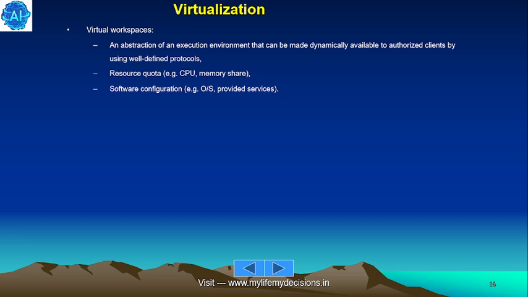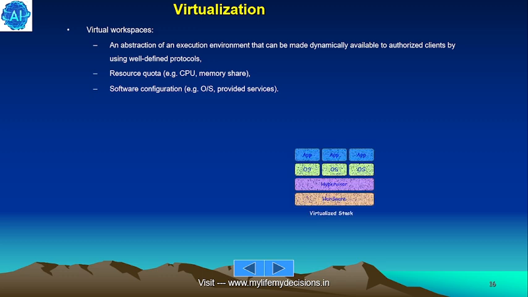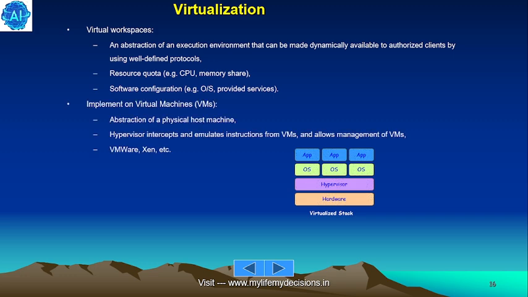There are resource quotas, for example CPU and memory share, and software configuration, for example OS provided services, implemented on virtual machines, that is VMs, abstract or physical host machines. The hypervisor intercepts and emulates the instructions from VMs and allows management of VMs, such as VMware, Xen, etc. It provides an infrastructure API, that is plugins to the hardware support structure, and this can again be different types of apps, different types of OS, and then the hypervisor hardware virtual stack.